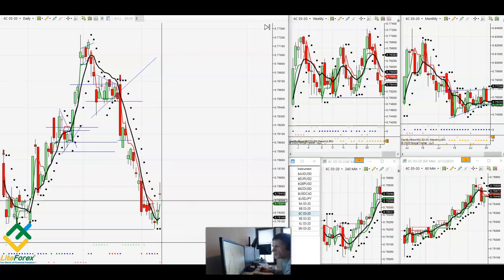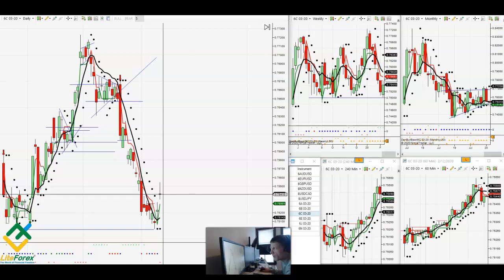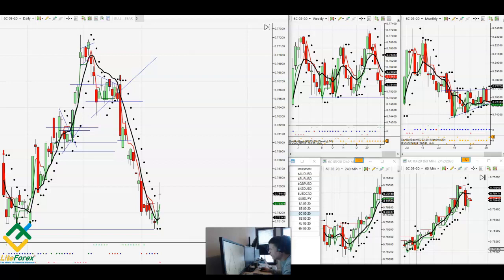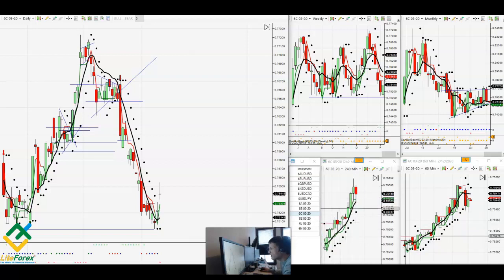And then here we are getting this rebound, a bit of a gap up. So to me this looks like this could come down, which would make the USDCAD go up. We're obviously totally bullish just based on the 60 and the 240, but I'm anticipating this pulling back.